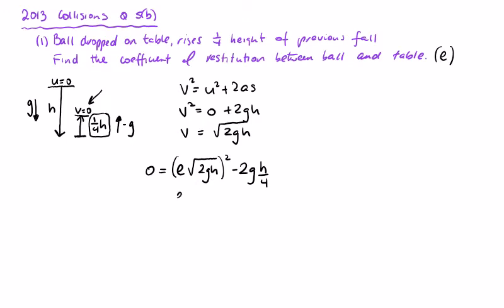So if I square the left hand one, e squared by 2gh, and I can bring the other one across, equals 2gh over 4. So 4e squared, the 2gh will give me a 1 over here. 4e squared is equal to 1. E squared is 1/4. So E would have to be 1/2.